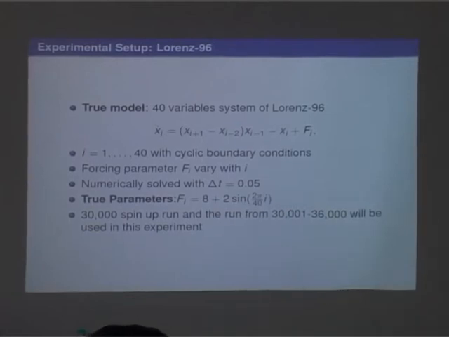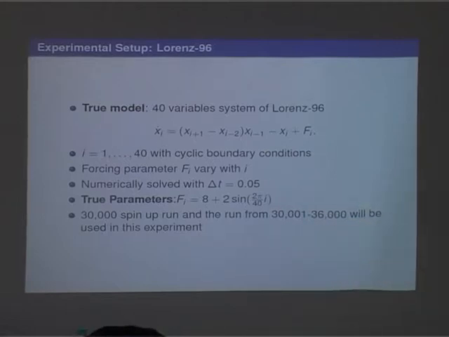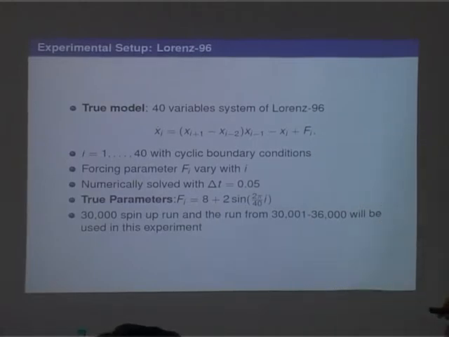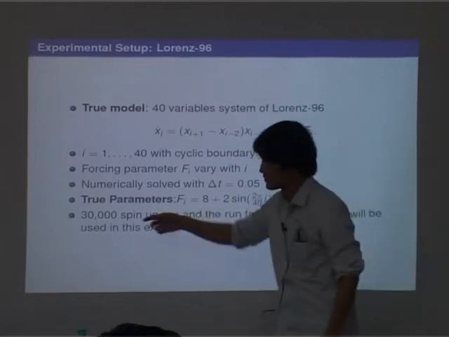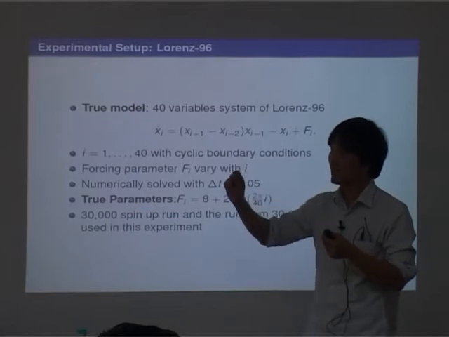So I'm going to run the EnKF with the augmented state, doing 3,000 spin up runs, and then use the next 6,000 particles in this experiment. Spin up, I don't know what that means. Spin up, oh well, I ran 3,000. It's like just trying to avoid the particles being in the transient state.